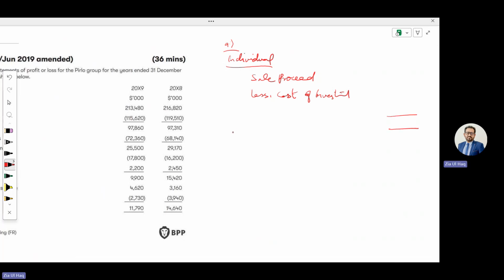And for consolidation, we know the formula.